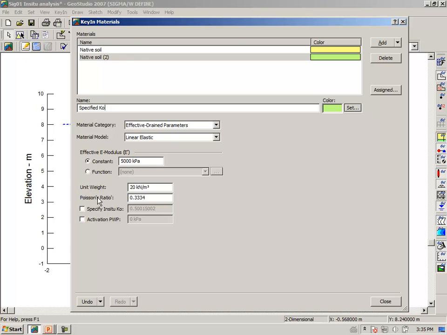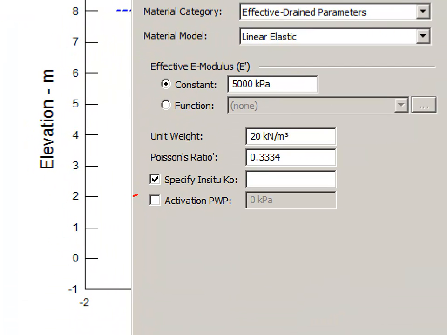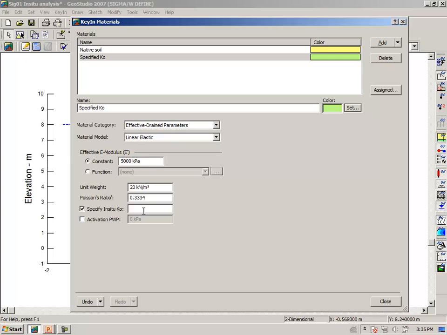And in this particular case, what we will do is we are going to check this box, specified in situ K0. And we can now specify a K0 of 2. We have a new soil then, specifying the in situ K0 as 2.